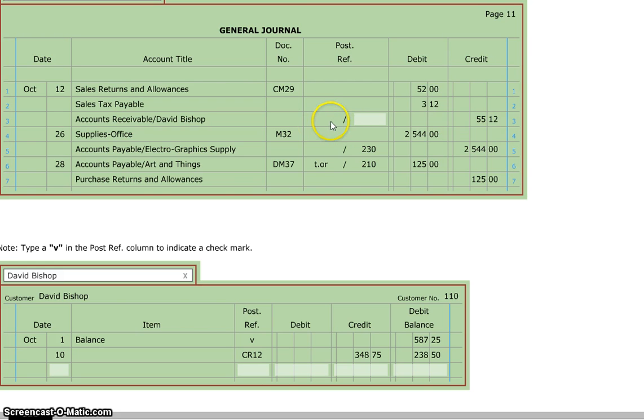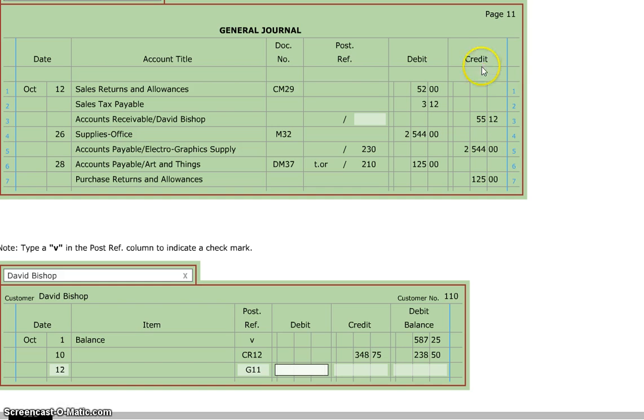Eventually we're going to show you that you're going to be posting to 2 spots, but for now we're just going to be worrying about David Bishop's column. So we're over here and we're looking at the line that lines up with him. So this 55.12 that's a credit is what we're worried about. So the date here is the 12th. We're getting this from General Journal 11, so G11.